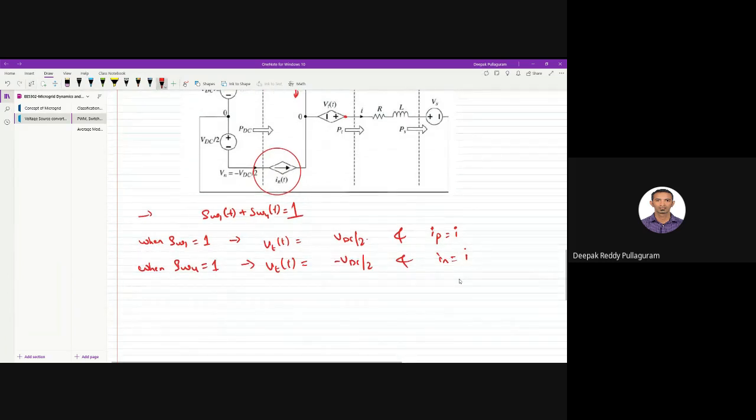Now, from this switching relation, can I make analogous information from S1 to S4 with respect to VT and VDC?